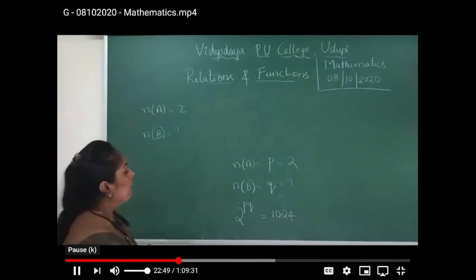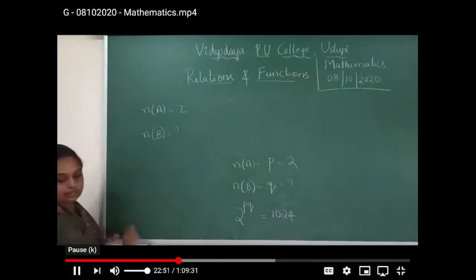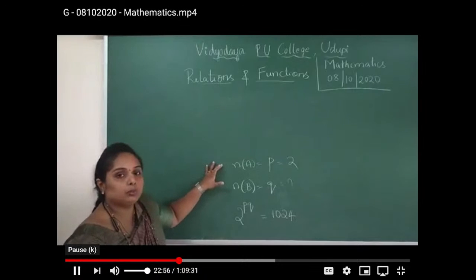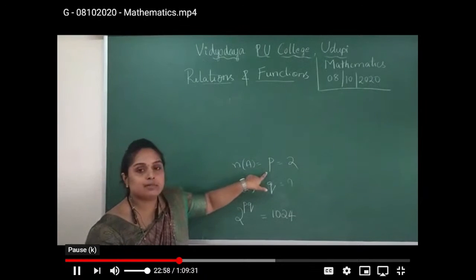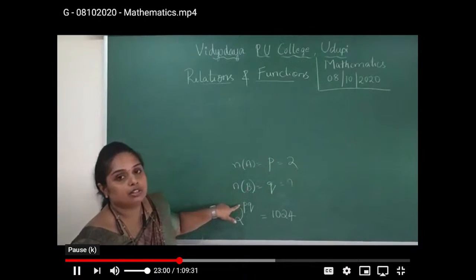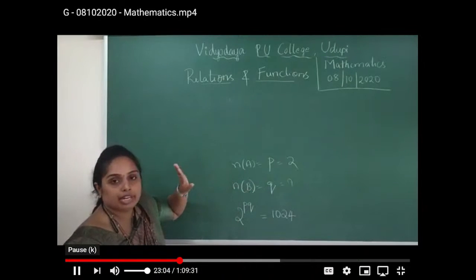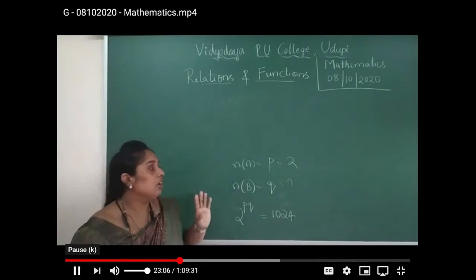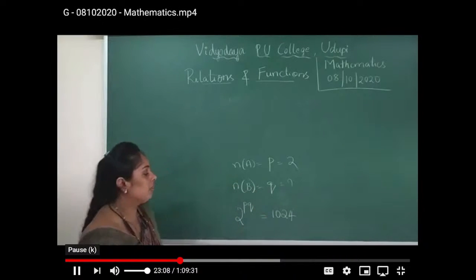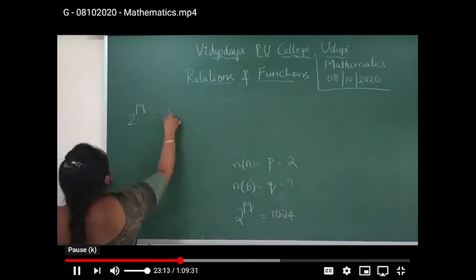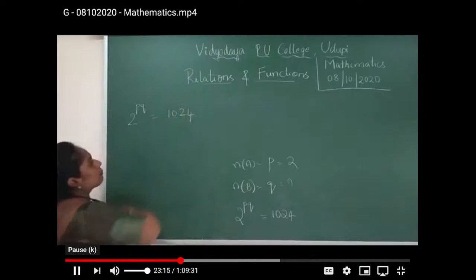Okay. So I can write, look here, n of A is 2. For time being, I will consider it as P. The total number of relations from set A to set B is 2 power P here. So I know the value of P. The question is to find Q. So 2 power PQ is 1024.